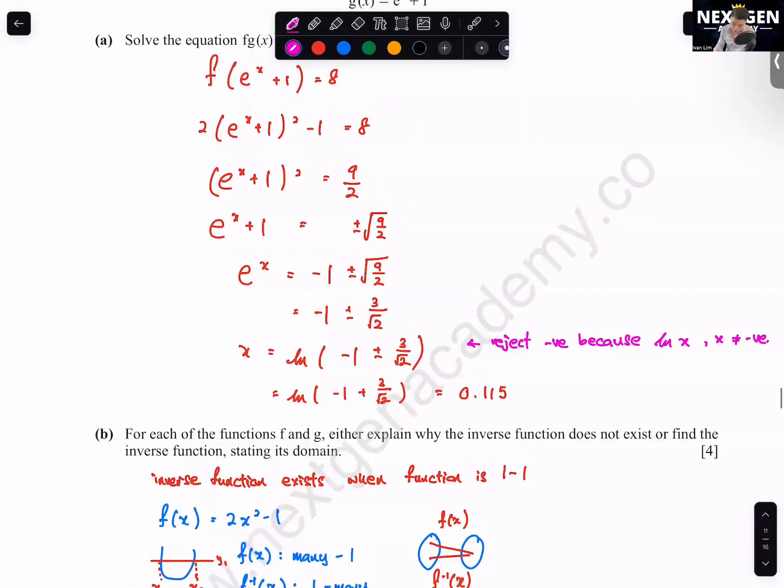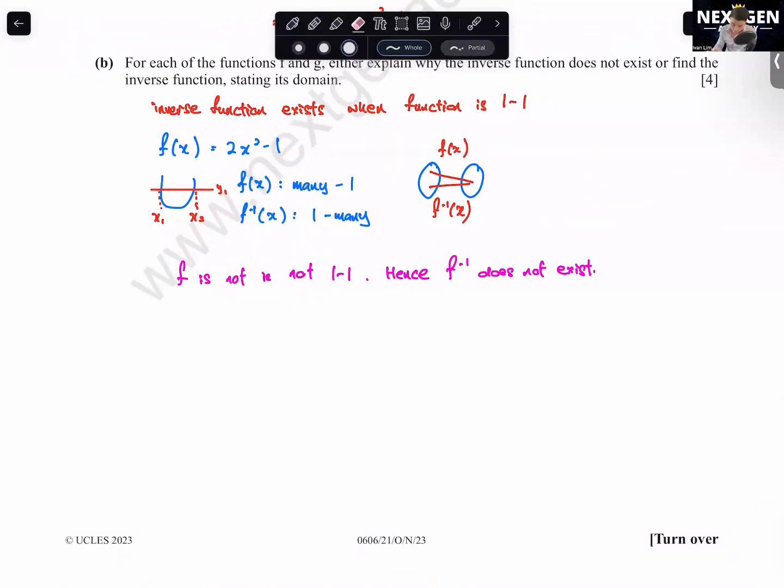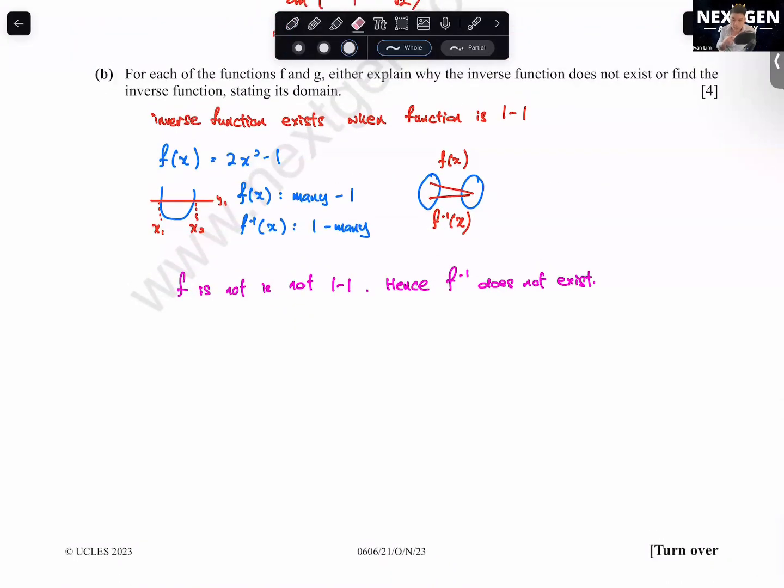gx. What is gx? gx is e to the power x plus 1. Okay, e to the power x plus 1 is what? 1 to 1, right? The inverse of e, exponential, is ln. Very good.